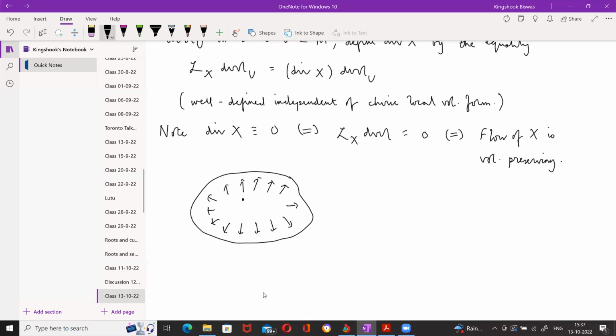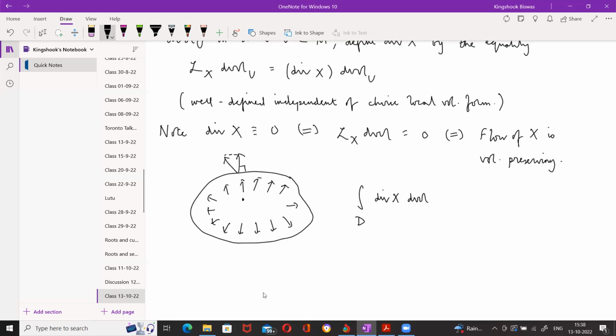Suppose it's fluid flow: how much fluid is flowing out at each point. Then the integral of the divergence over the domain should give you the net amount which is flowing out of the whole domain. So how do you get the amount which is flowing out of the whole domain? You look at the vector field on the boundary and take the component which is perpendicular to the boundary.